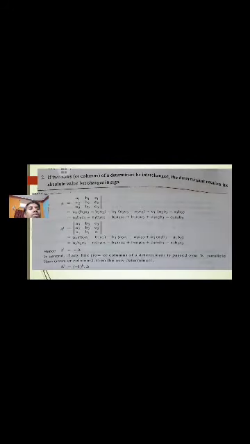Second property, if two rows or columns of a determinant are interchanged, then the determinant retains its absolute value but changes in sign.